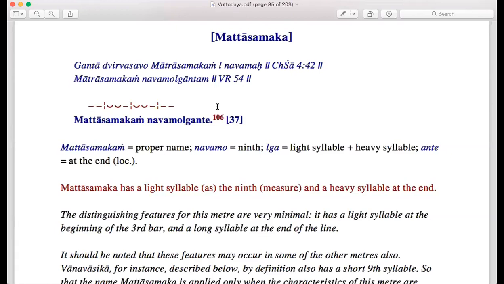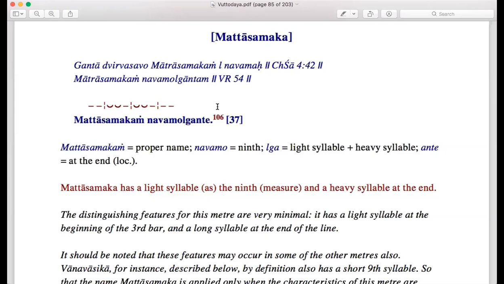So that is what the Matta Samaka group is. In this verse, the first rule is that there should be only 16 measures. As I said, that rule is not mentioned in this verse or in the previous verse. In the previous verse the number 16 was there, but that doesn't clearly mention that every verse in this group should have 16 measures.